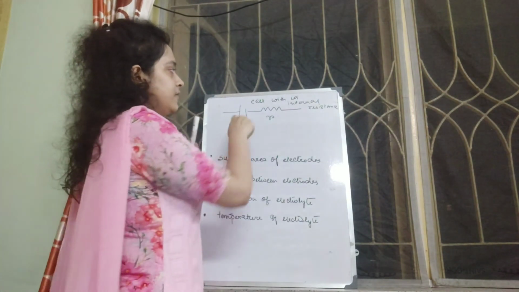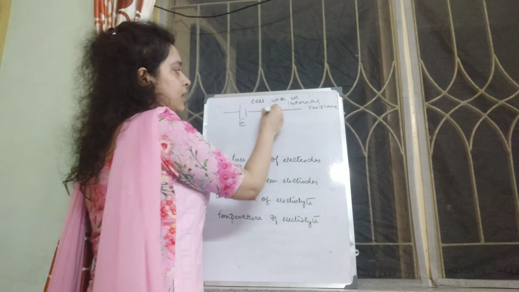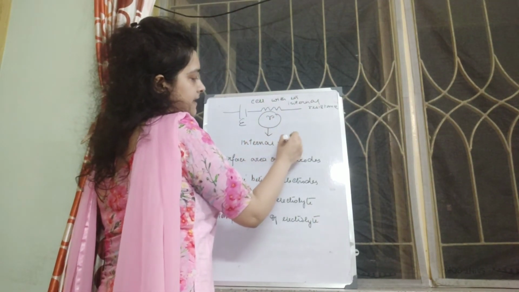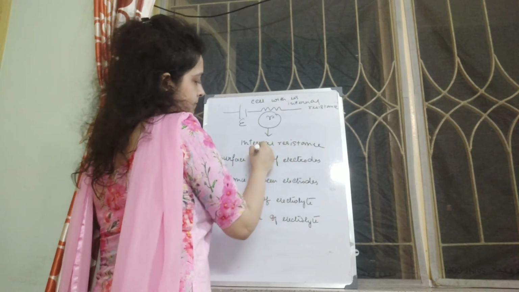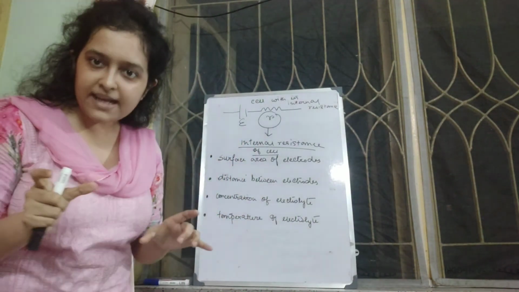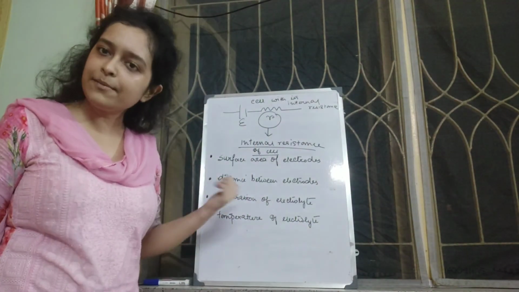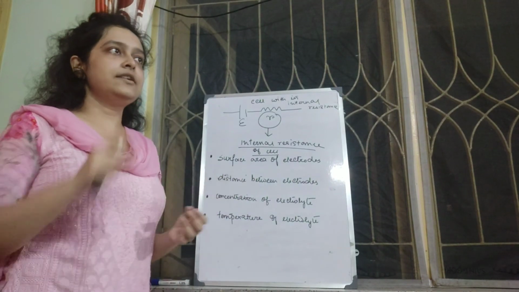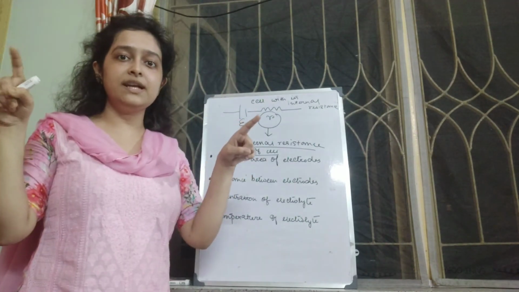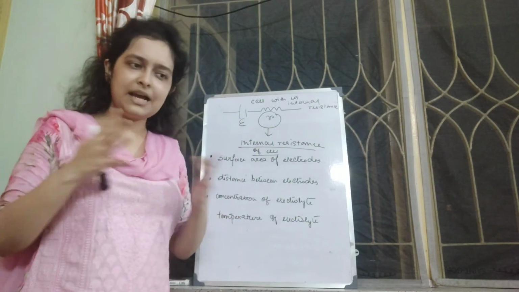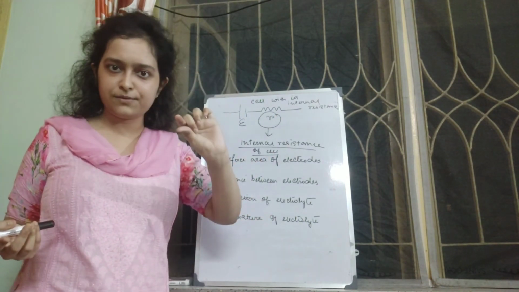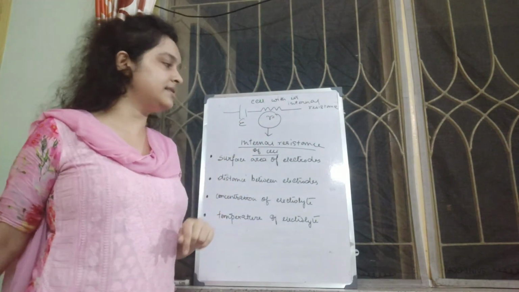So a cell with its internal resistance, where small r stands for the internal resistance of the cell. Due to this internal resistance, terminal voltage is less than the electromotive force, or EMF, of the cell. So if I have a cell of 5 volt EMF, when I am drawing current from it, what will be the terminal voltage? Less than 5. It can be anything less than 5. Why is there a drop in the voltage? Due to this internal resistance of the cell.